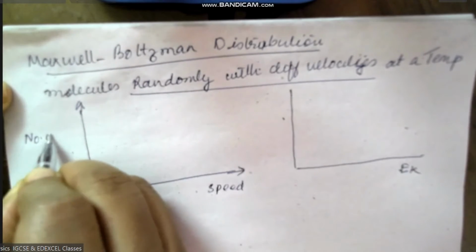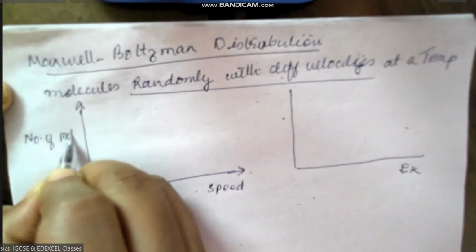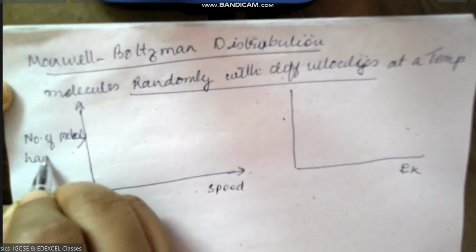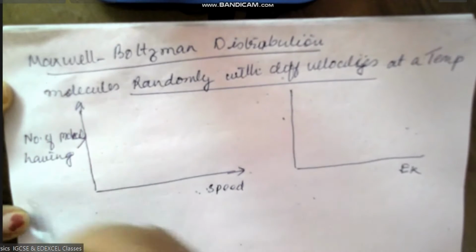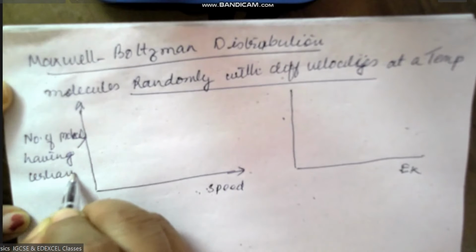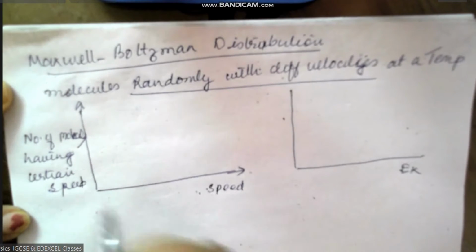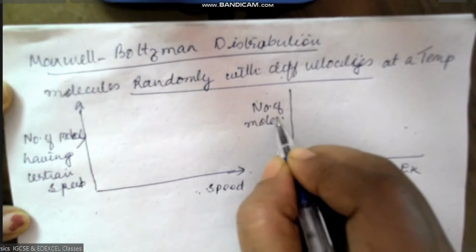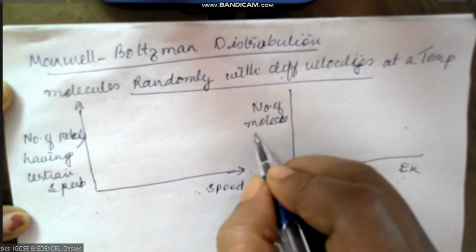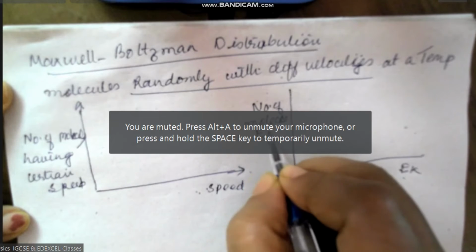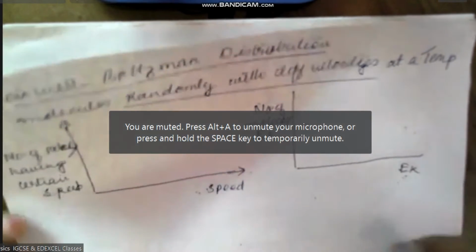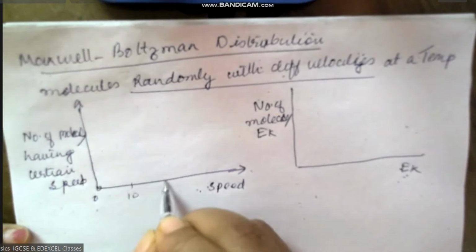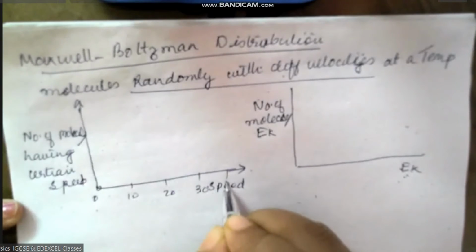And in the y-axis, we have the number of particles or molecules having a certain speed. Here again, the number of molecules having certain kinetic energy.